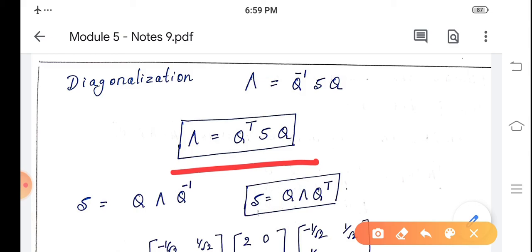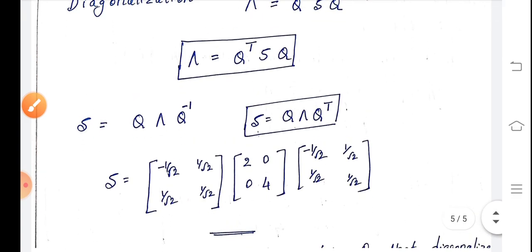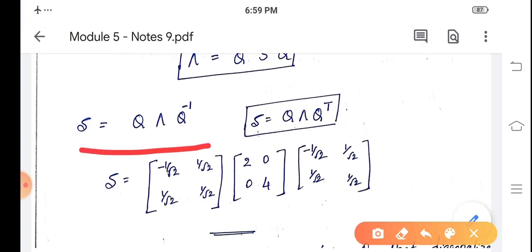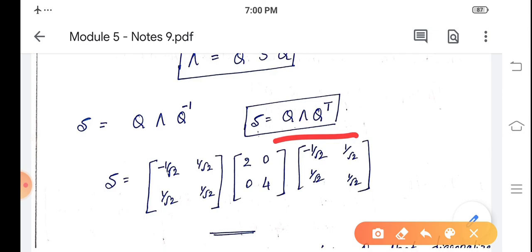So it is Q transpose S Q. Now we can write S as Q capital lambda Q inverse. That is, S is equal to Q capital lambda Q transpose. So we can factorize S as Q capital lambda Q transpose.